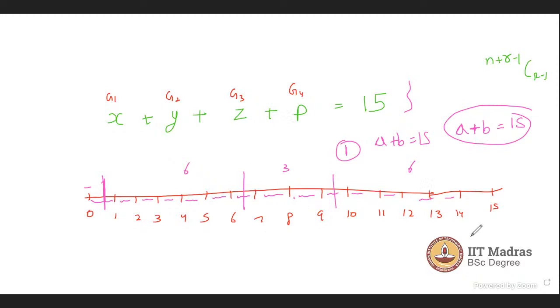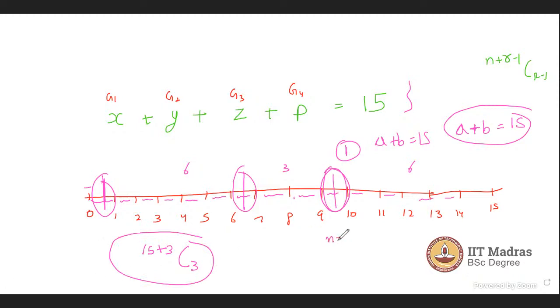In how many ways can I do it? I have these 15 balls, plus I also have to select these 3 bars to arrange. So that's the way, or n plus r minus 1 C r minus 1, because for 4 groups we were doing 3 bars only. So r minus 1 equals 3.